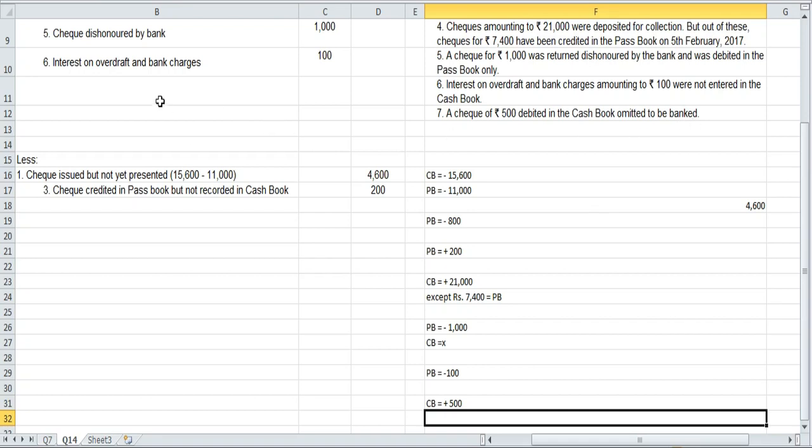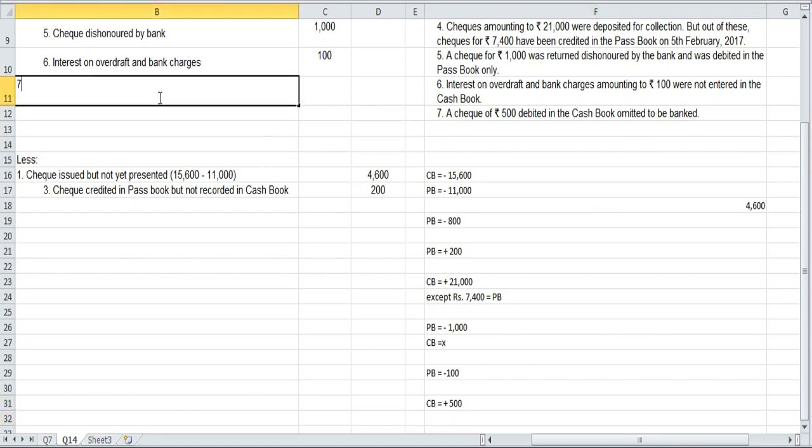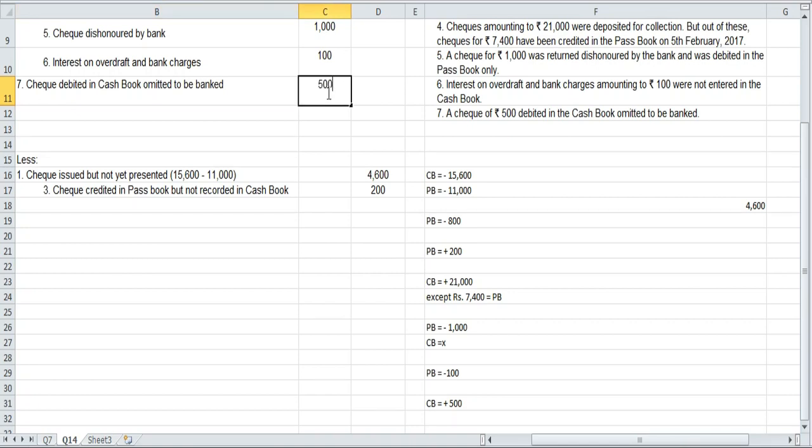So to match with the cash book, you'll have to take it up. So we'll write here, check debited in cash book omitted to be banked, and the amount 500.